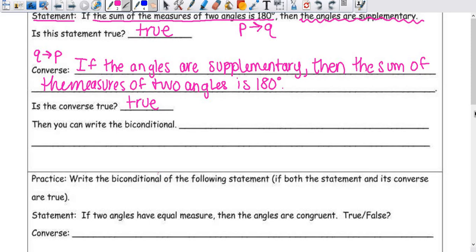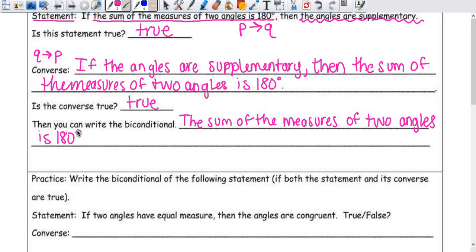Now, I don't start this with an if, and I don't have a then. Instead, I'm going to join my hypothesis and conclusion with an if and only if. So we'll start with our hypothesis, the sum of the measures of two angles is 180 degrees.